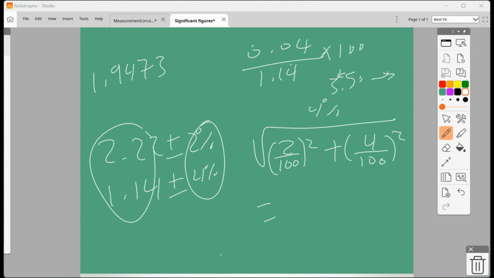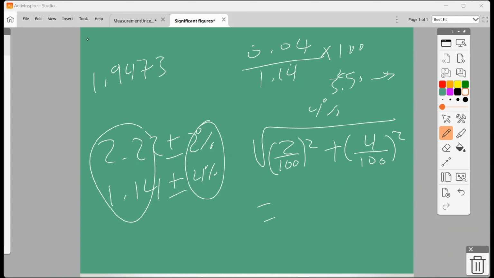When I carry out this under the square root, 2 divided by 100 all squared plus 4 divided by 100 all squared, okay, and all this under root.